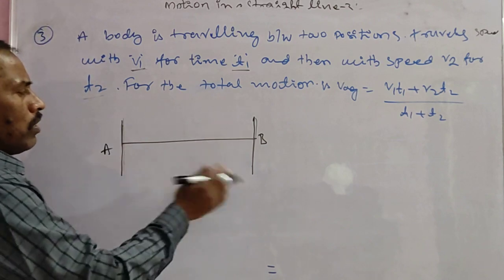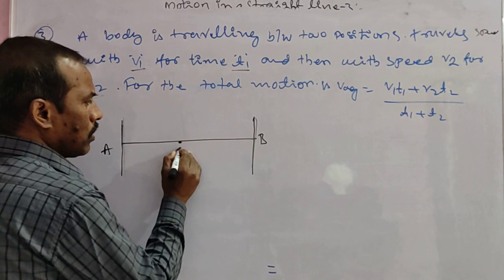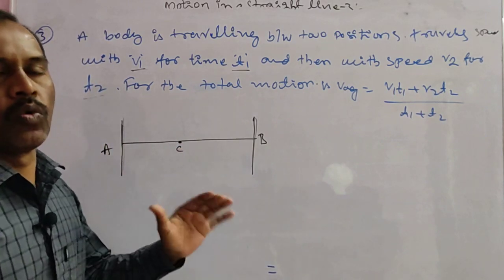Now in between A and B, for example C is a point in between the two positions.